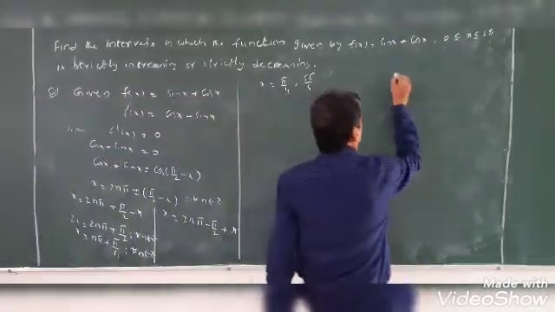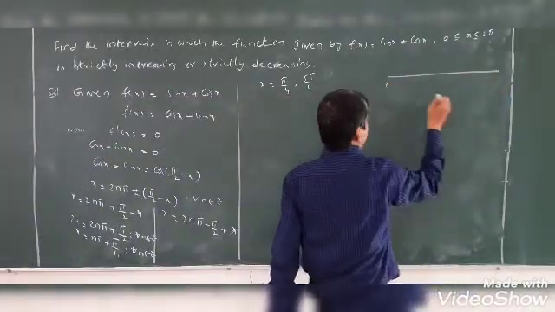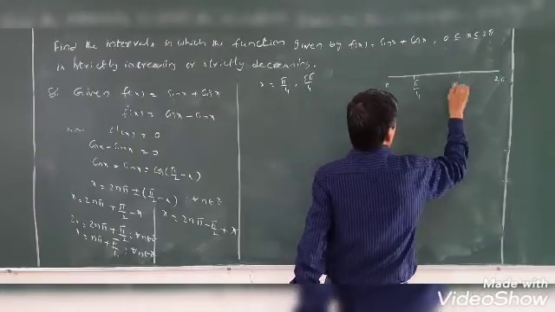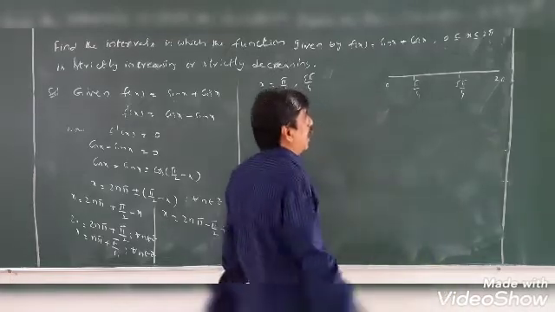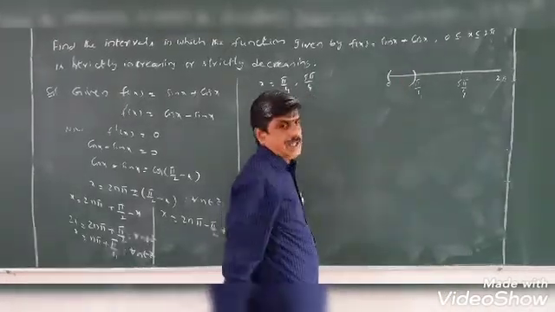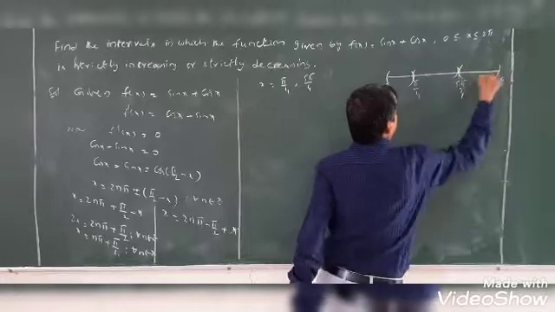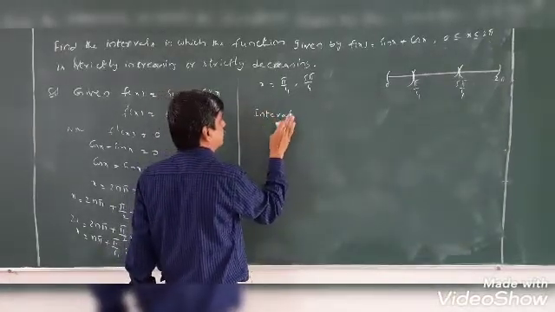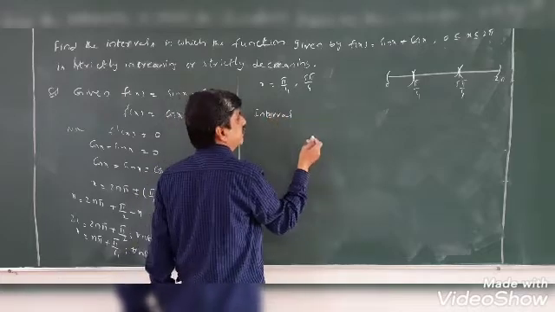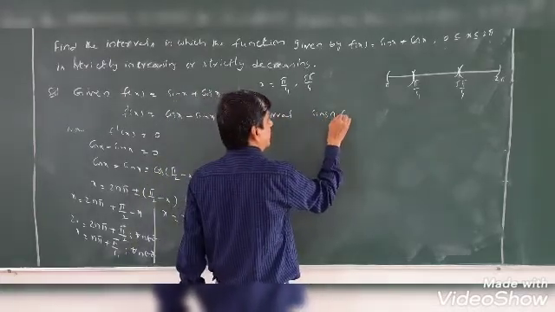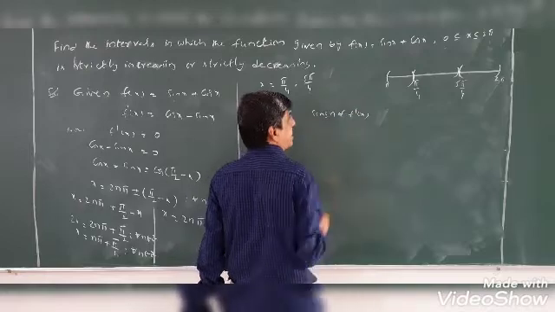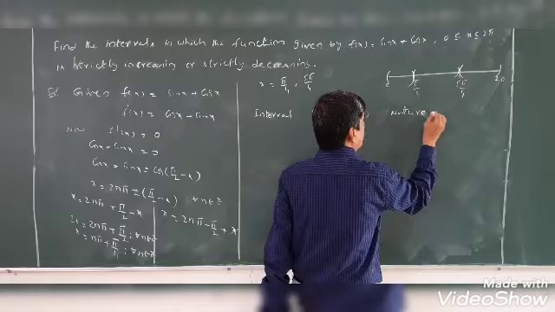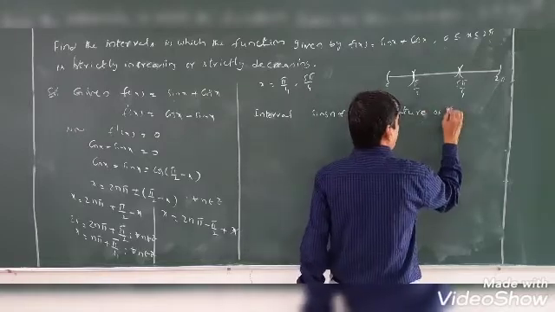So this interval 0 to 2 pi splits: pi by 4 is one point and 5 pi by 4 is another point. This interval breaks into 3 parts. So take a table of intervals, f dash x, and nature of the function.